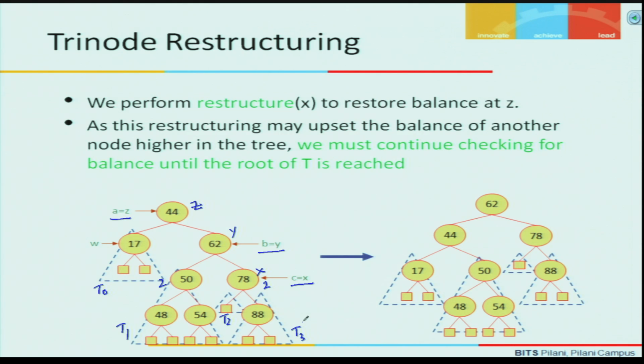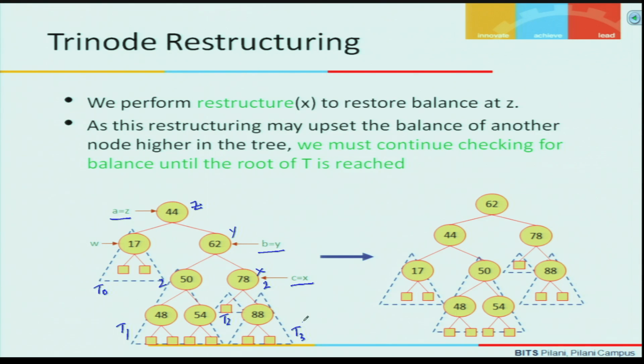So, X, Y, Z, T0, T1, T2, T3 are going to be the structures involved in our trinode restructuring. So, if you recollect, this is a case of a single rotation of trinode restructuring.